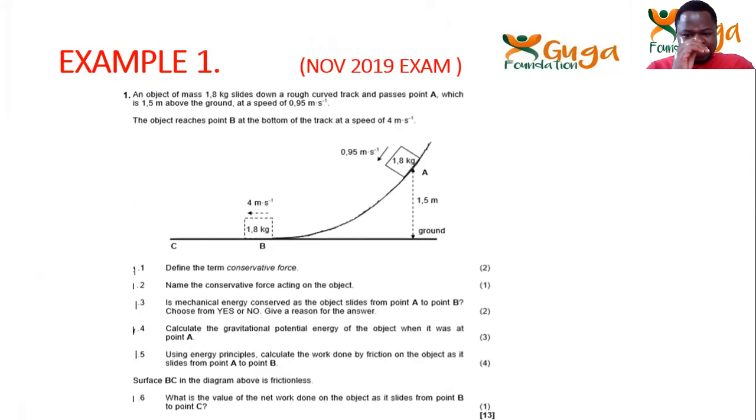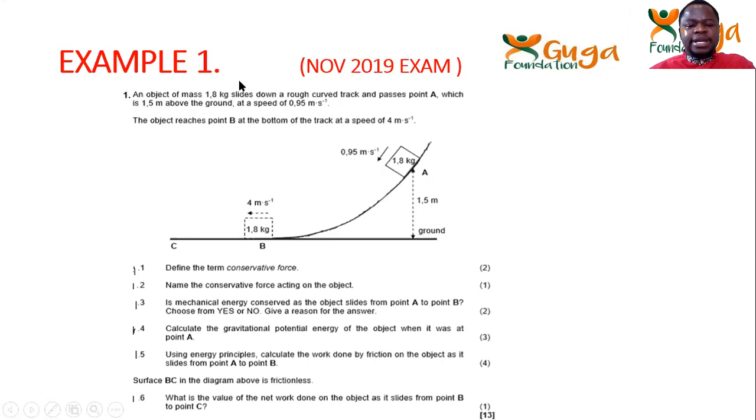Now let's look at the example. Example number 1. This was a question paper from last year, the November 2019 final examination. An object of mass 1.8 kg slides down a rough curved track.